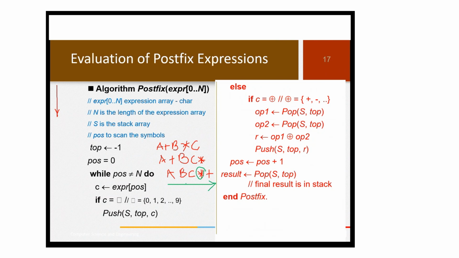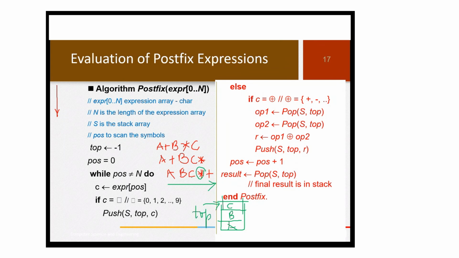While going through, I push the operands onto the stack. For instance, I encounter A first, push it. Next I encounter B, push it. Next I encounter C, push it. So my top points here, correct?